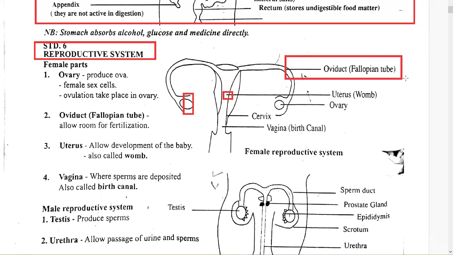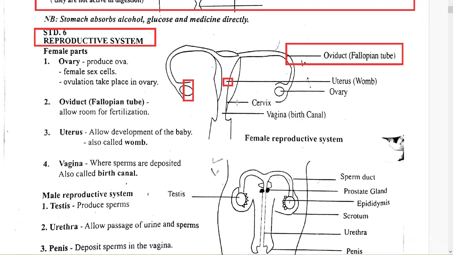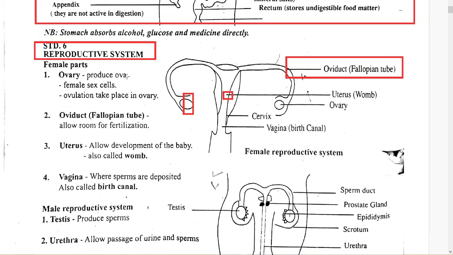So it is important for you to master these names, because itachorwa alafu uambiwe which part is this. Hapa utaweka X ama waweke kwa ovary waweke X ama Y. Wakuambie name the part. The part labeled K, like that. Oviduct lazima ujue kazi yake. The ovary produces the ova, the female sex cells. Ovulation takes place in the ovary.